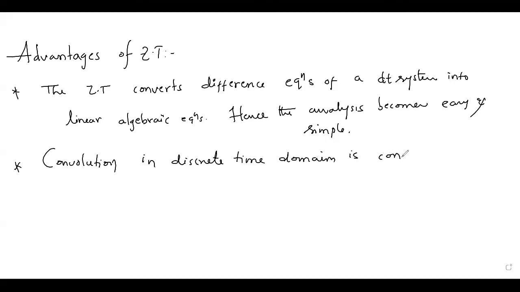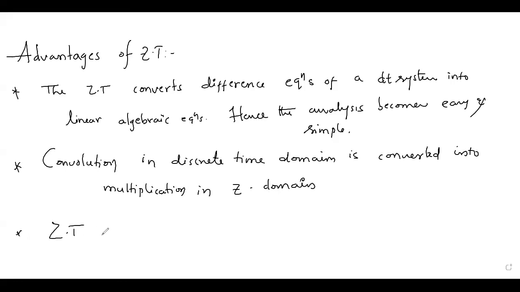Is converted into multiplication in Z domain here. So easily we can find system function, inverse Z transform using this. Mainly discrete time system analysis is simple compared to all these statements, whatever we are writing. Next step.